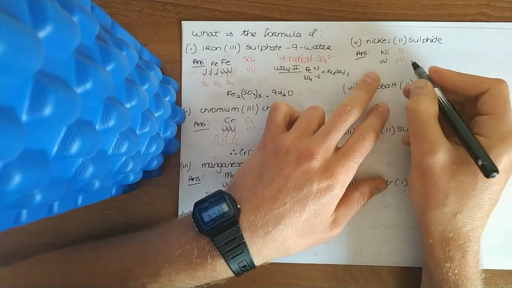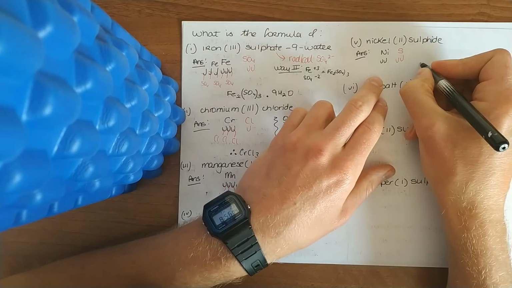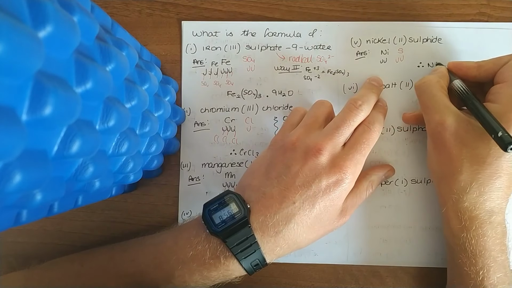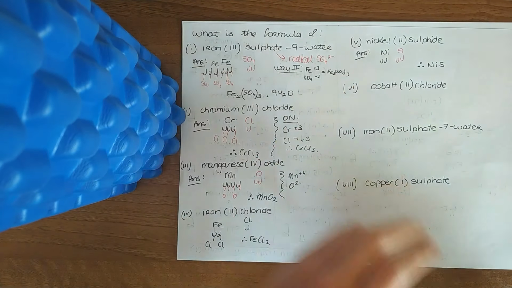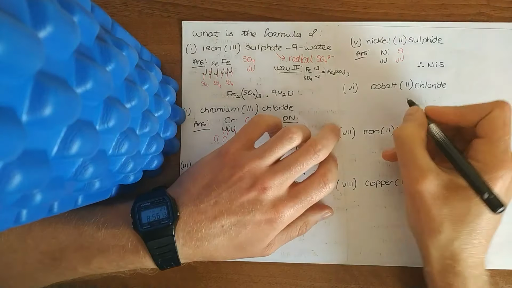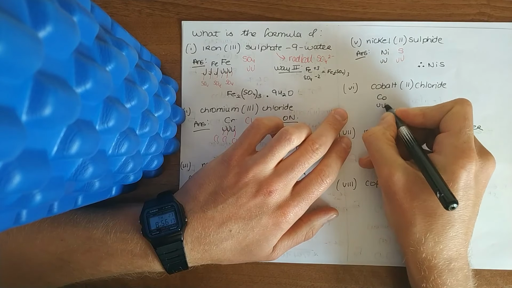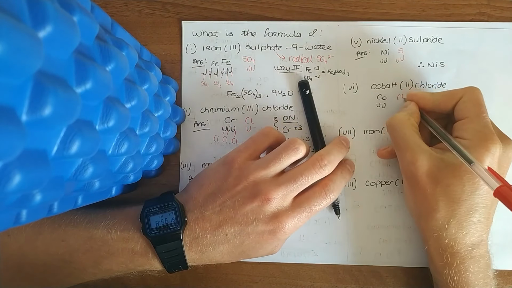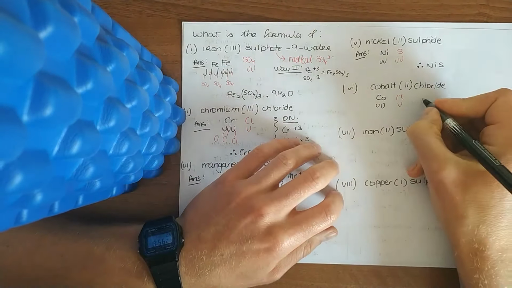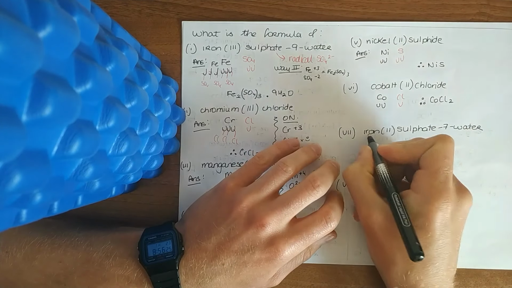And then when it's bonding together, it becomes NiS, nickel sulfide. Cobalt 2 chloride, cobalt, 2 Hooks, chlorine group 7, 1. So therefore that's going to become CoCl2.